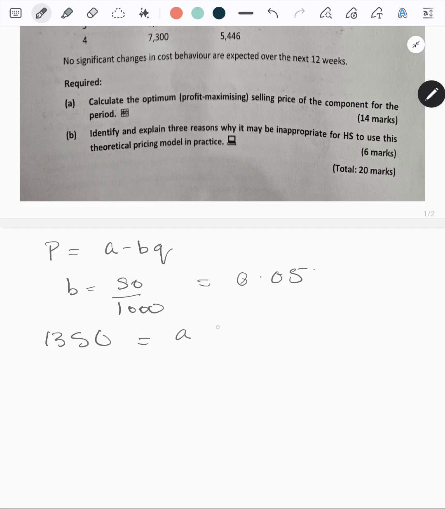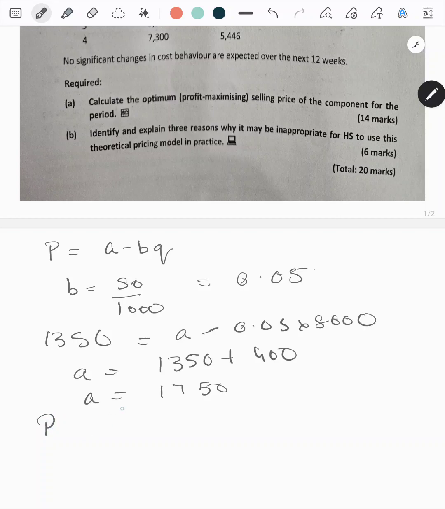A is something which we need to calculate, and B we have calculated just above, and this will be multiplied by 8000. So we can get A, which is 1350 plus 400. So A is equal to 1750.